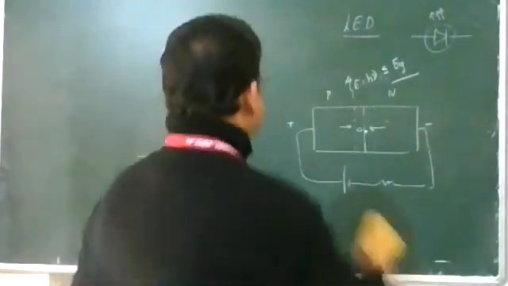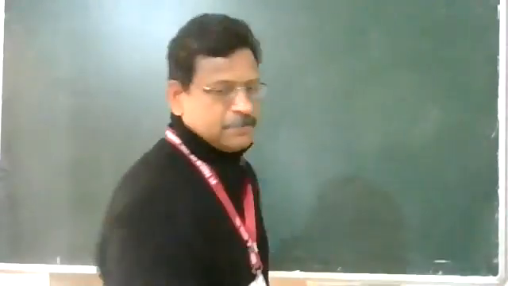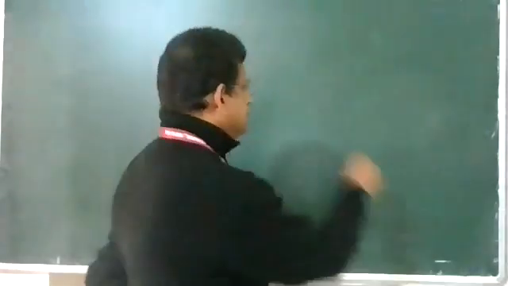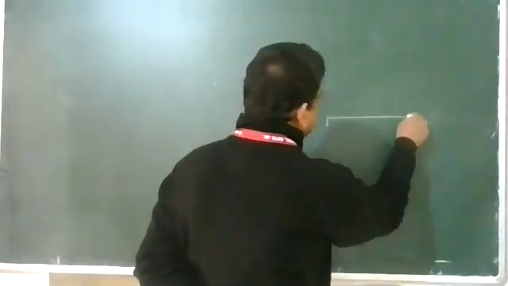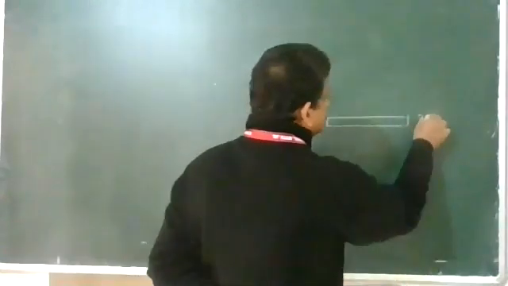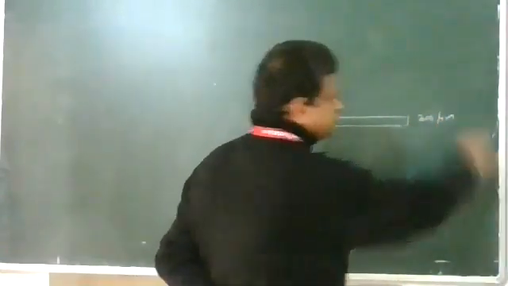So the construction point I am just explaining here. Solar cell fabrication. The P side is slightly thick. The P-type semiconductor we are taking has a thickness of about 300 micrometer.